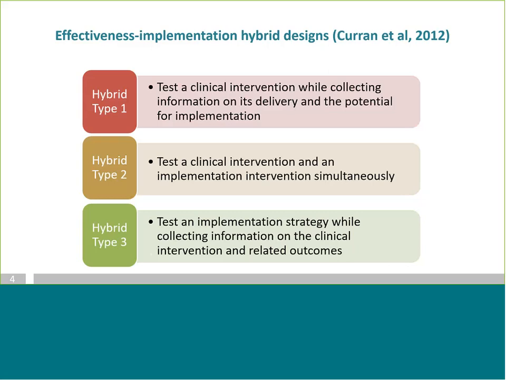But then when we read further in the text, there's the language of testing. So it's not clear to me whether the implementation aspect actually requires a comparative evaluation on another group per se, and that would determine whether this article fits with a hybrid type 2 or not. Right. Yeah.